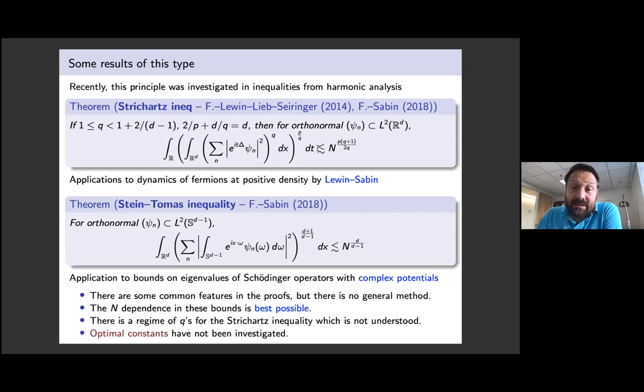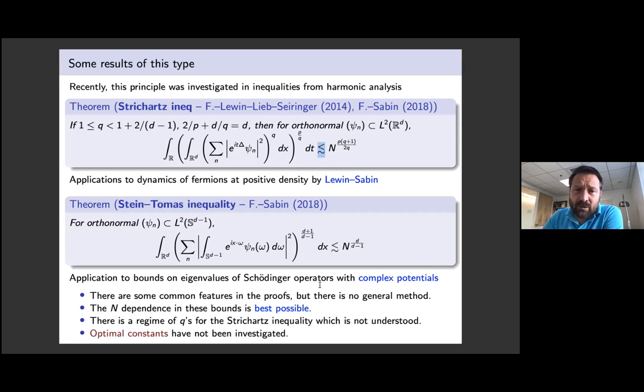You could think about the same thing here. There's an obvious one particle constant, which we'll go through on the next slide. There's also a generalization of a semi-classical constant for this inequality. As far as I know, nobody has investigated best constants for this inequality. I think that would be an interesting question. But so far, we're happy that we got these powers right.